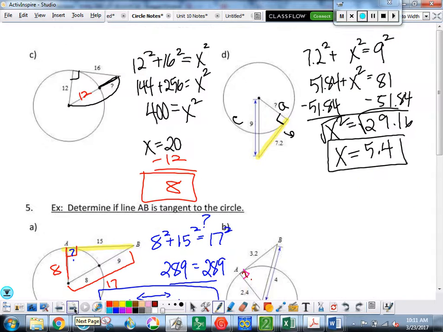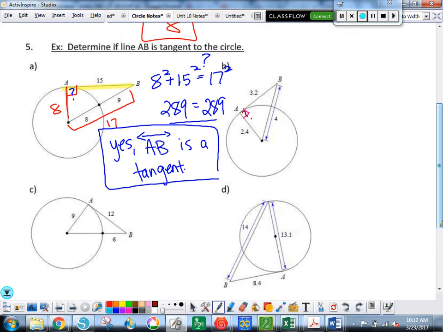Okay. All right. So, if this is a right triangle, then 3.2 squared plus 2.4 squared equals 4 squared. So, calculator, 3.2 squared plus 2.4 squared, what is it? 16? Well, 4 squared is 16. So, are these the same?